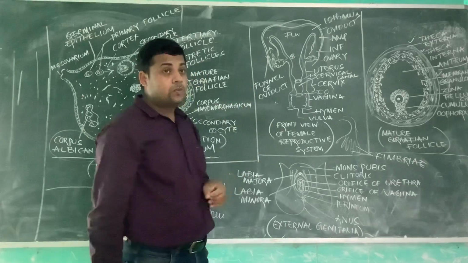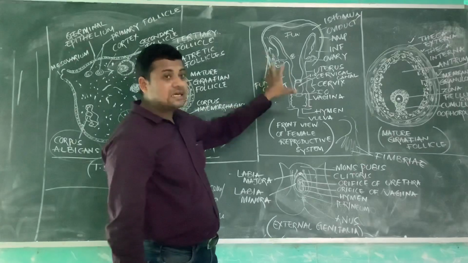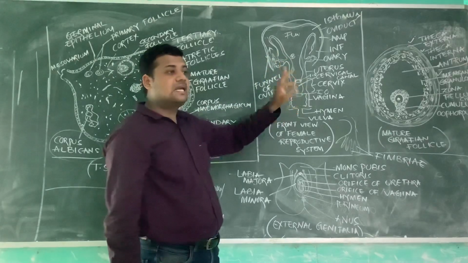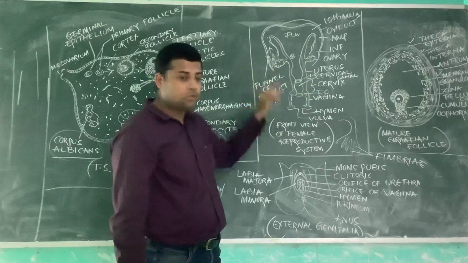By the influence of the progesterone hormone. Look at this diagram. Ovulation, or rupture of the Graafian follicle and release of a secondary oocyte or developing ovum, occurs on the surface of the ovary.